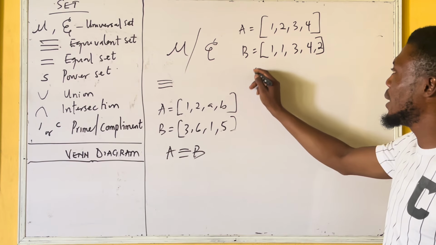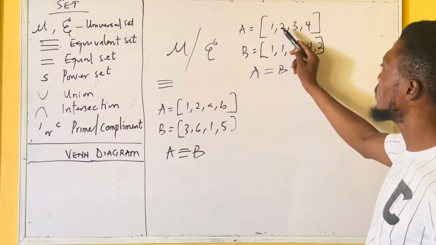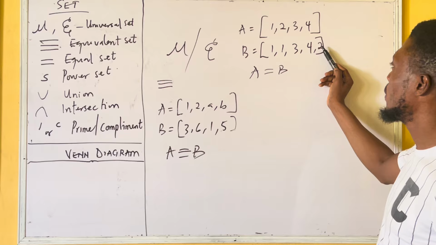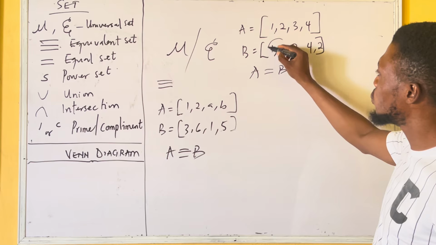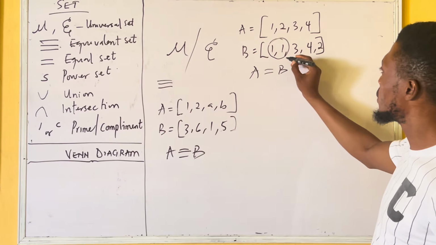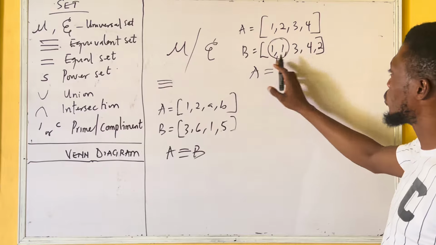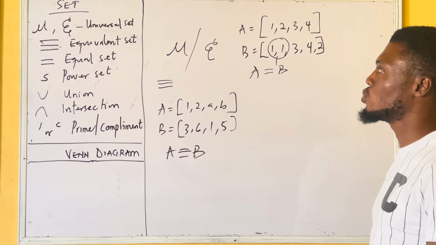Now, I can say that A is equal to B. Why? Because here you have 1, 2, 3, 4, but here you have 1, 2, 3, 4, 5. Now, you look at it, you have 4 against 5. However, this one you count once. It will be once. So this is as simple as saying 1, 3, 4, and 2. So total here is what? 4. Total here is what? 4. So that means A is equal to B.